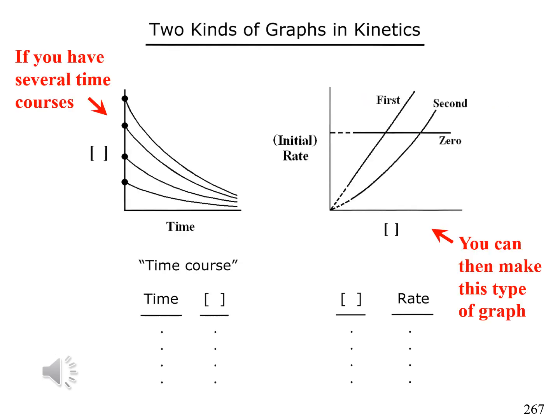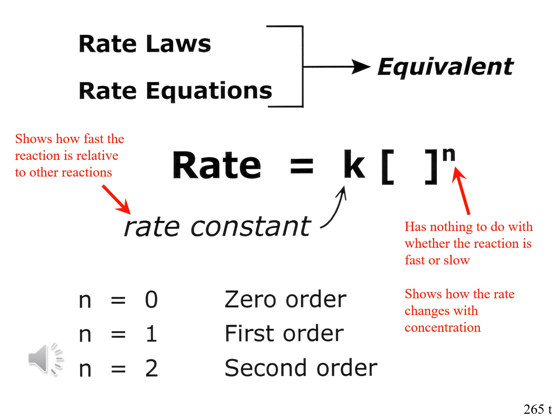If you make more than one time course, you can make a second kind of graph where you plot the concentration that you started with at each point versus the initial rate that you got from each time course. For the graph of concentration versus rate, you can write the equation for the graph as what's called a rate law or a rate equation.